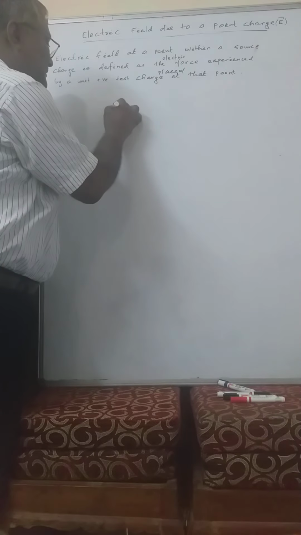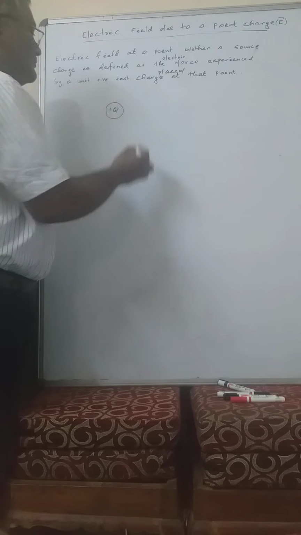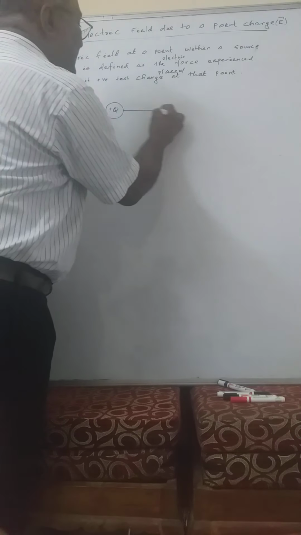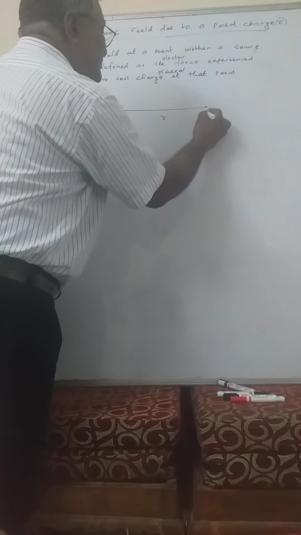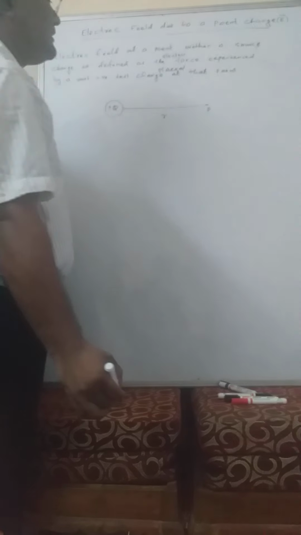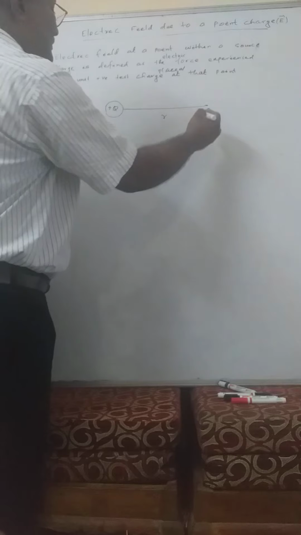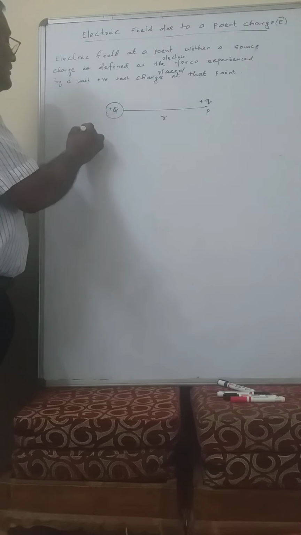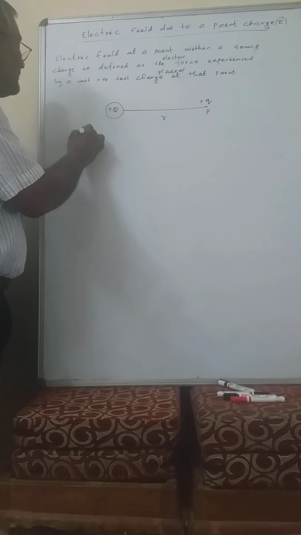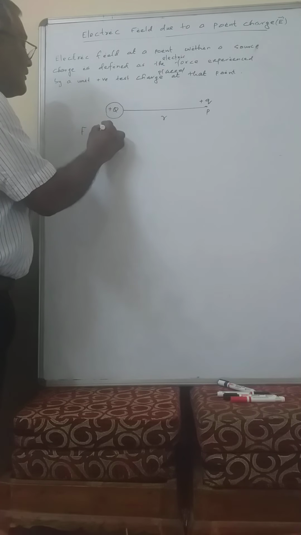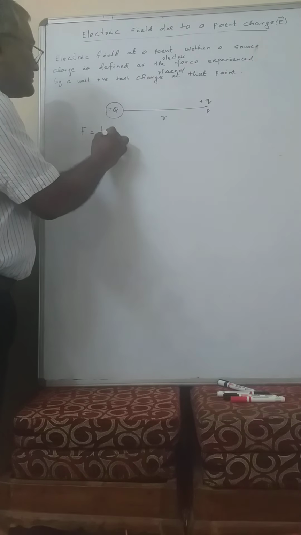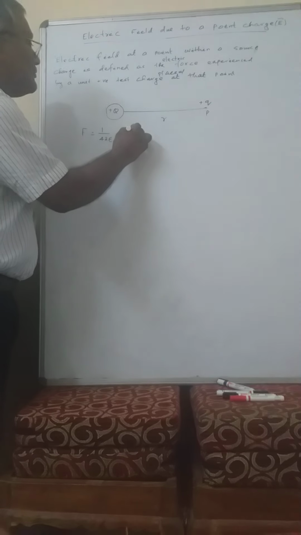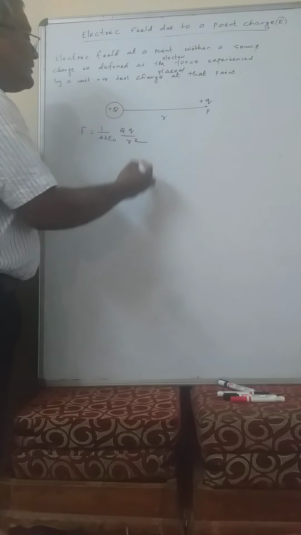Let us consider a source charge Q at a distance r. A point P is there where electric field is to be found out. Suppose plus Q charge is there, then according to Coulomb's law, the electrostatic force of repulsion between them will be F is equal to 1 by 4 pi epsilon naught QQ by r square.